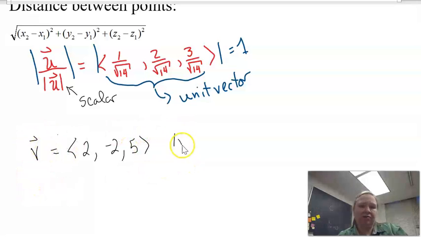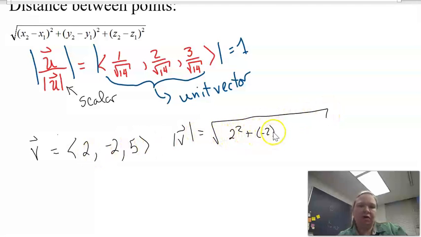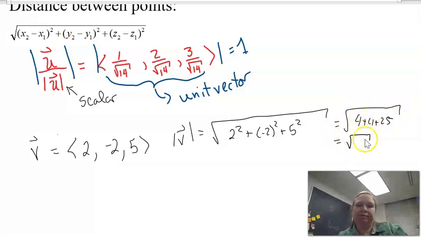What's the magnitude of that vector? I'm going to use the distance formula: 2 minus 0 squared plus -2 minus 0 squared plus 5 squared. Well, that's going to be 4 and 4 and 25, and that would be 33.